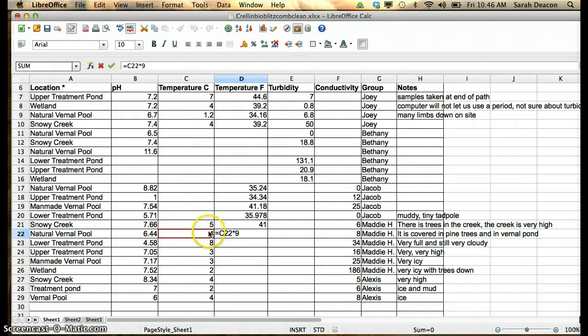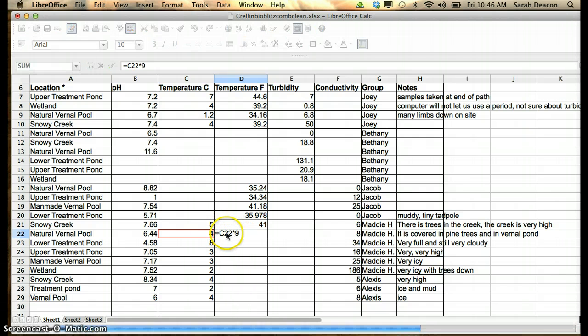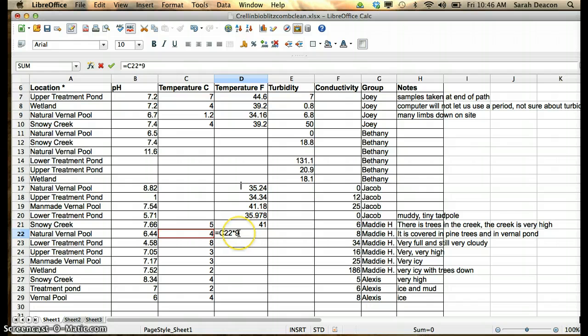So C22 is a placeholder, and whatever number is in here is what it will use for the formula. Again, we do our Celsius times 9, put that in parentheses so the computer knows to do it first, then divide by 5, and then add 32. When we hit enter, we get this number.